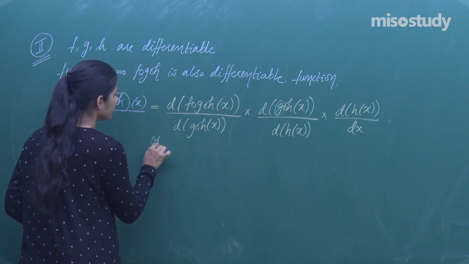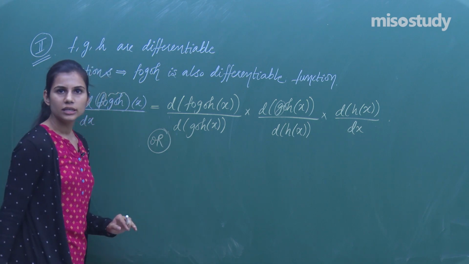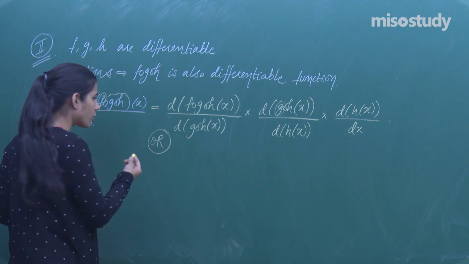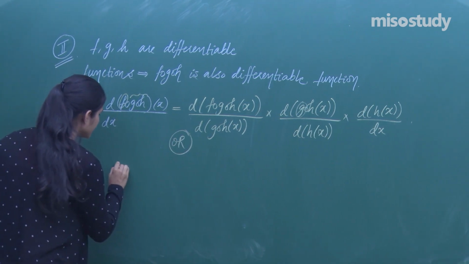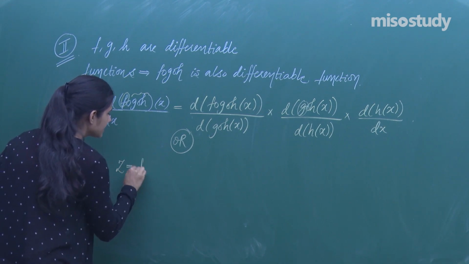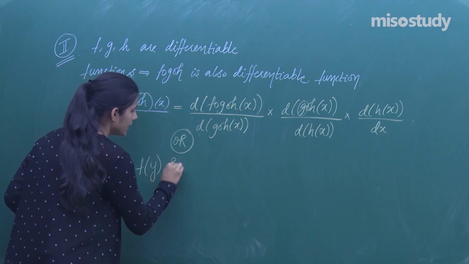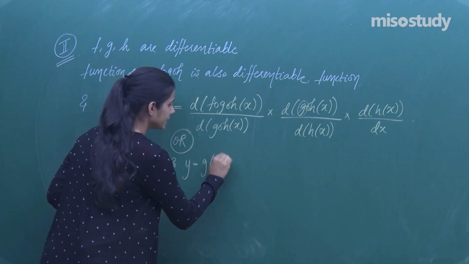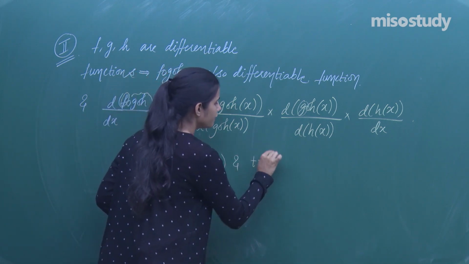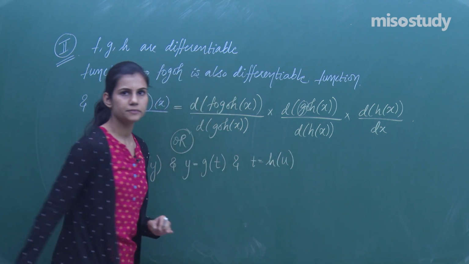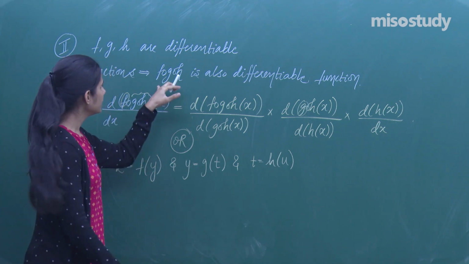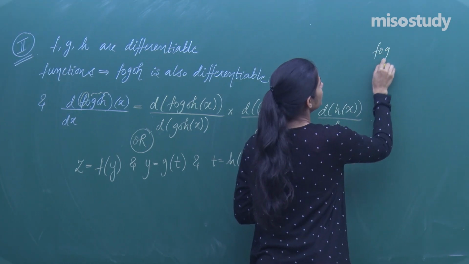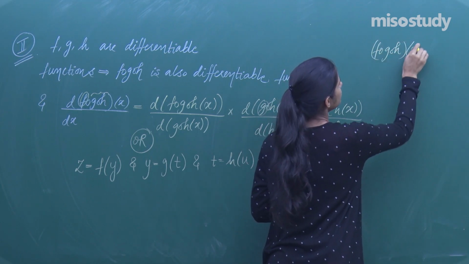And over here, if I try to move towards the next interpretation of this chain rule, what would that be? Here the thing is, if z is a function of y and y is a function of t and t is a function of u, isn't that the situation? That is the same situation if I am talking about f∘g∘h of x.